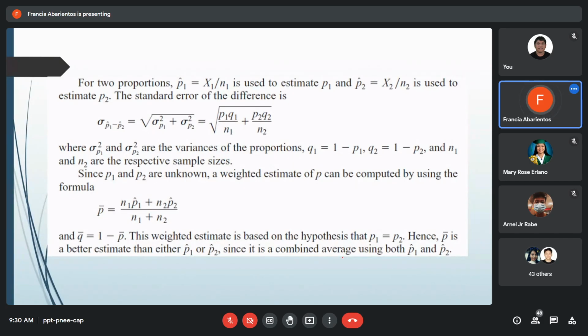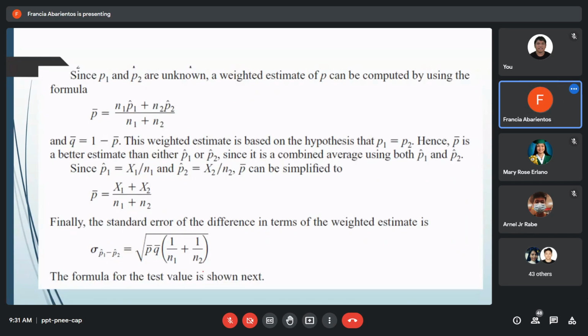So, we have also the variances of the proportions. Kaya nagkakaroon na tayo ng pq. The weighted estimate of p can be computed by using the formula. Given natin to. And we have the q, this is now 1 minus the p. So, makukuha na natin ito.